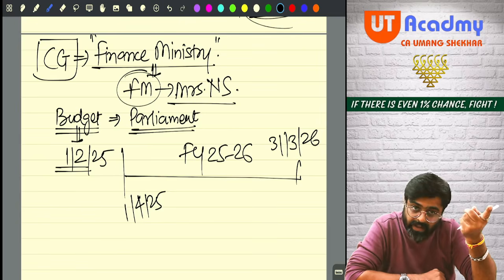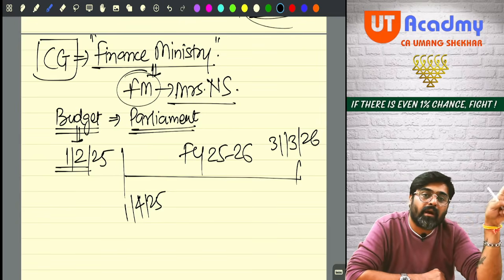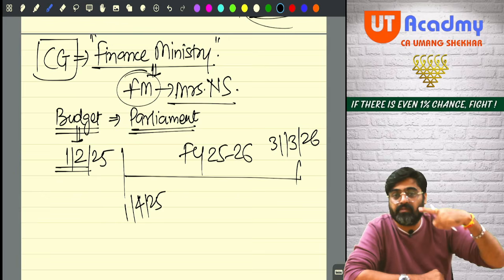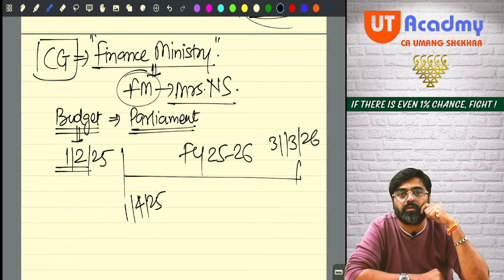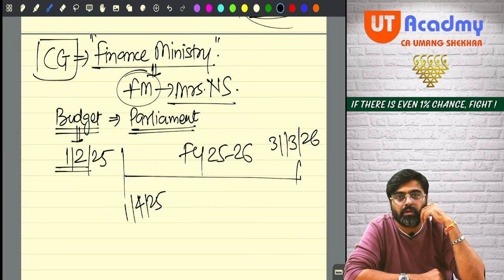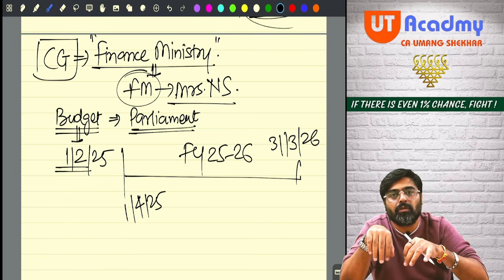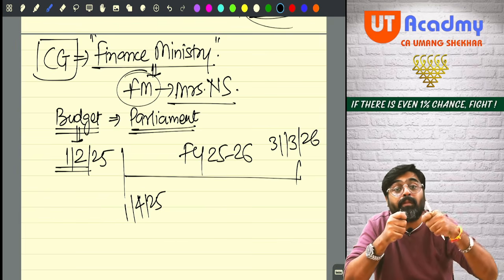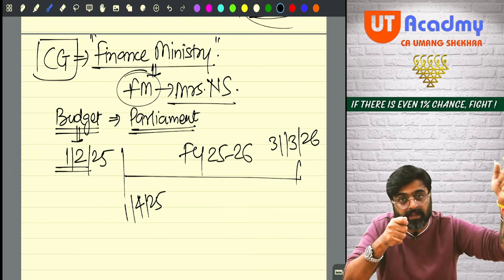So for this 25-26, where will the government spend the money? Infrastructure facility 10,000 crores, railways 50,000 crores, defense 1 lakh crores. The government will announce in the budget itself that it is planning to make these expenditures in the next year.